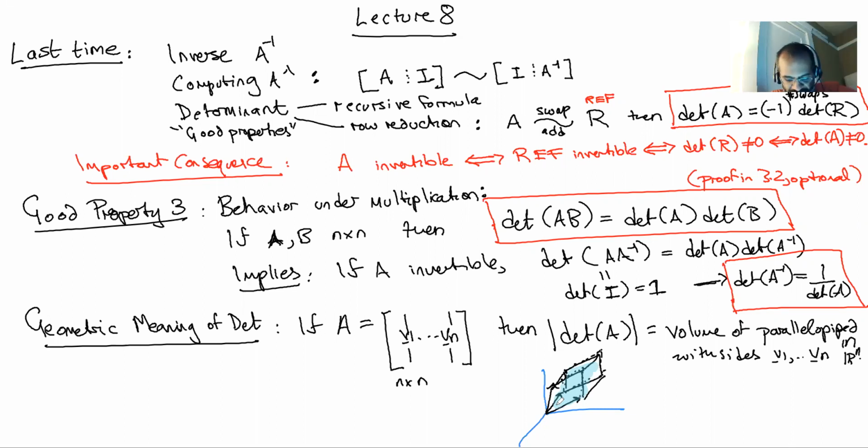Yeah, that's the right intuition. So if the determinant is 0, then the volume of this thing is 0, which means that the parallelepiped is degenerate. And somehow the vectors lie in a lower dimensional plane, which we'll make rigorous later, which means that in particular they don't span Rn, or another way to view it is that they're linearly dependent. So this is the geometric meaning of the determinant.